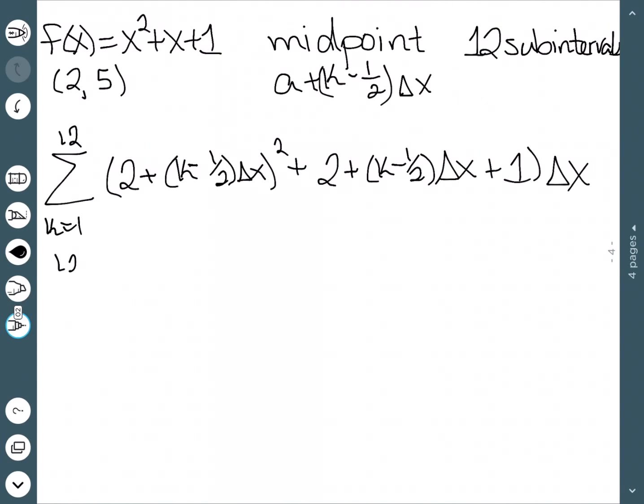We can simplify this, and this one's going to be a lot more complicated to simplify, but it can be done.